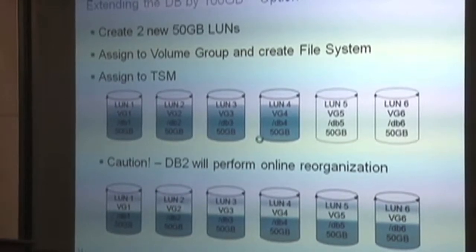He'll rebalance his containers across those new LUNs / file systems, which, by the way, I don't know if I mentioned that, you cannot use raw volumes any longer. You can still use raw volumes on the TSM storage pools, but you cannot use raw volumes for TSM version 6.